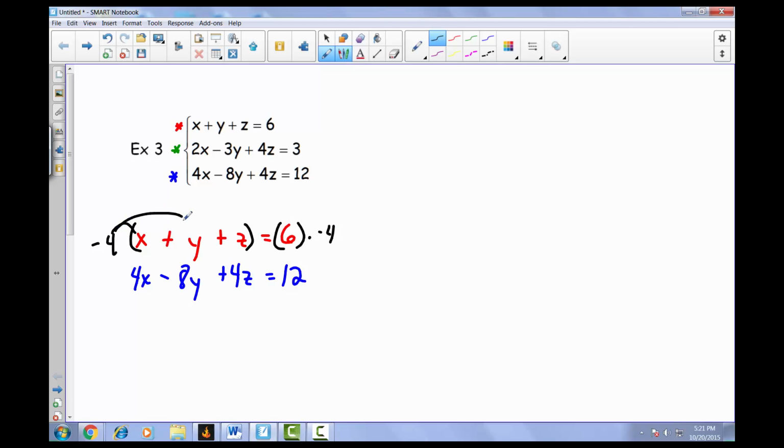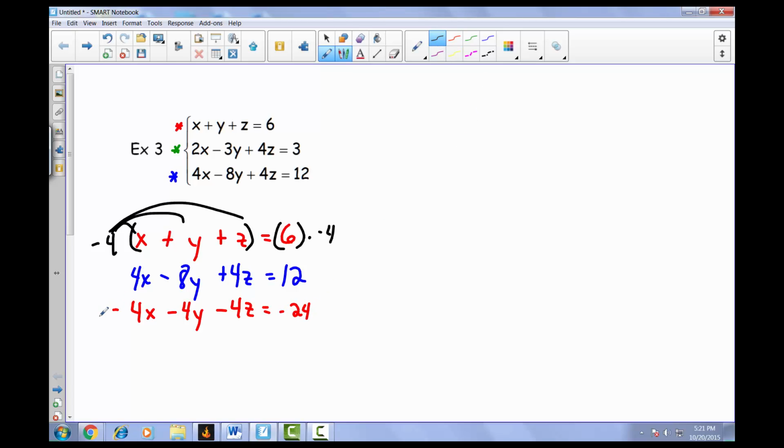When we do that and distribute, we end up with -4x minus 4y minus 4z is equal to 6 times -4, which gives us -24.